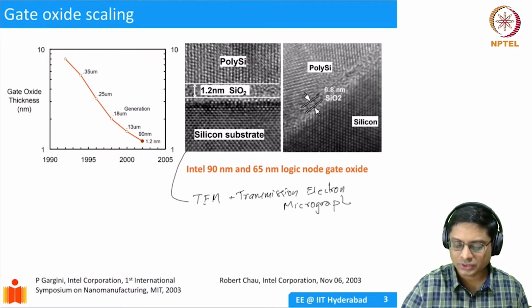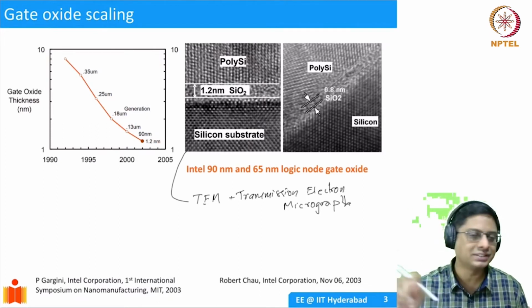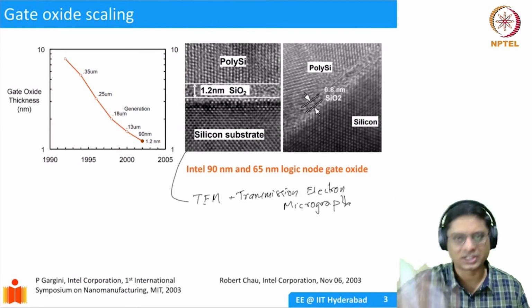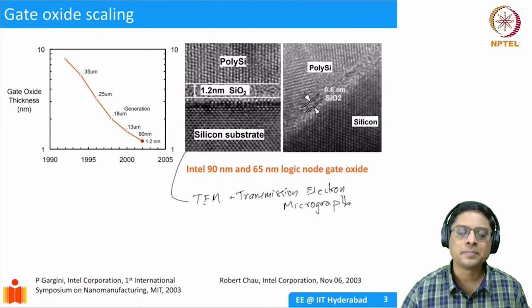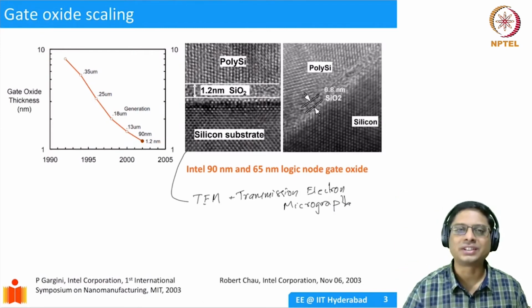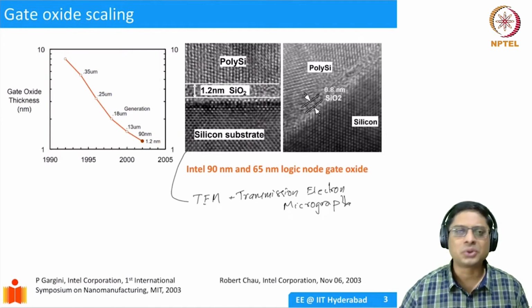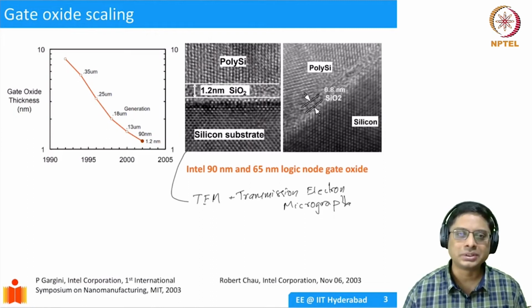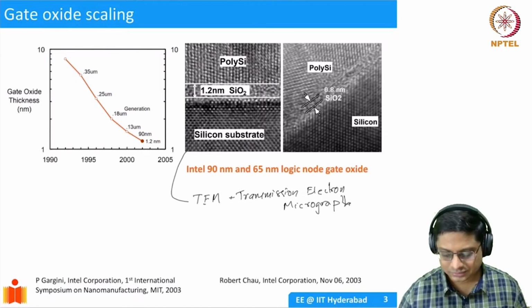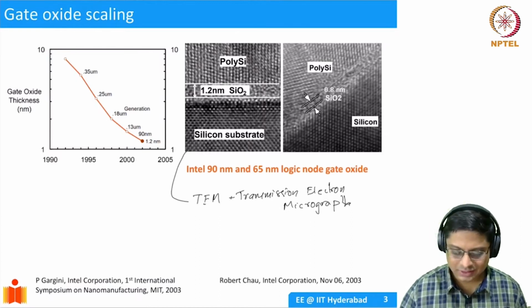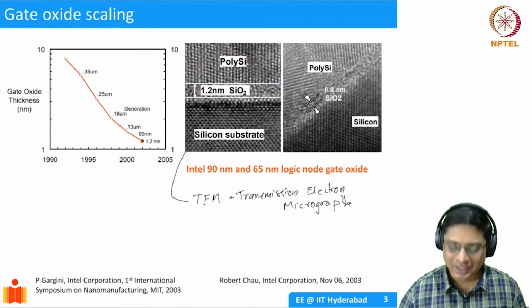So essentially what this is showing you is we take a thin slice of the vertical cross section of a MOS capacitor and then shoot electrons at it. Most of the electrons will pass through, but wherever you have an atom, they don't pass through. So with this technique, you can actually see the way atoms are arranged in a lattice. And that is what you're seeing here.